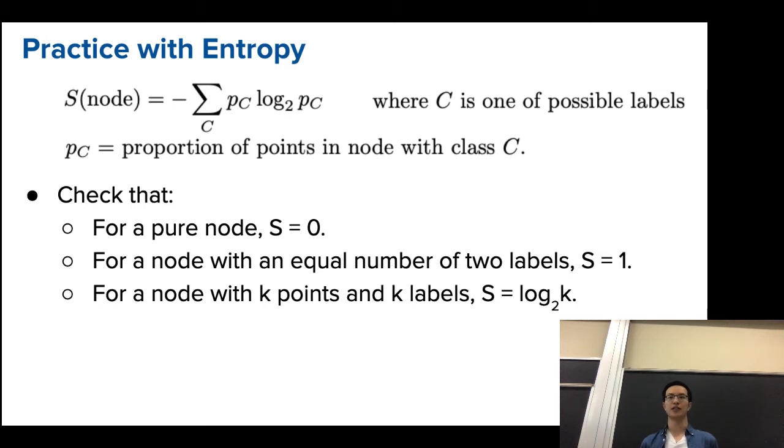Okay, so why don't you turn to your neighbor and talk to them about how you approach these. If you're confused, tell them that you're confused and see if you can figure it out together. If you have a question, see if you can come up with a question to ask me. But do talk it over and see if you can verify that for the first node, entropy is 0. For the second node here, entropy is 1. And for the third node, entropy is log base 2 of k.